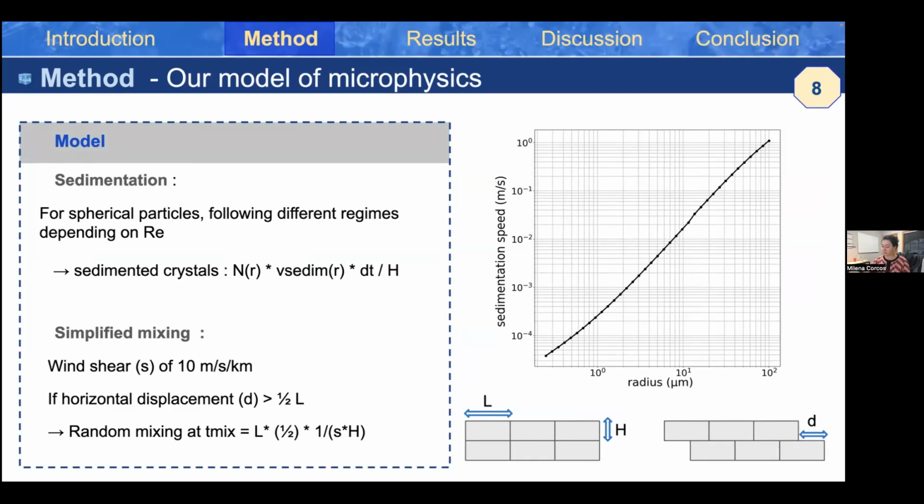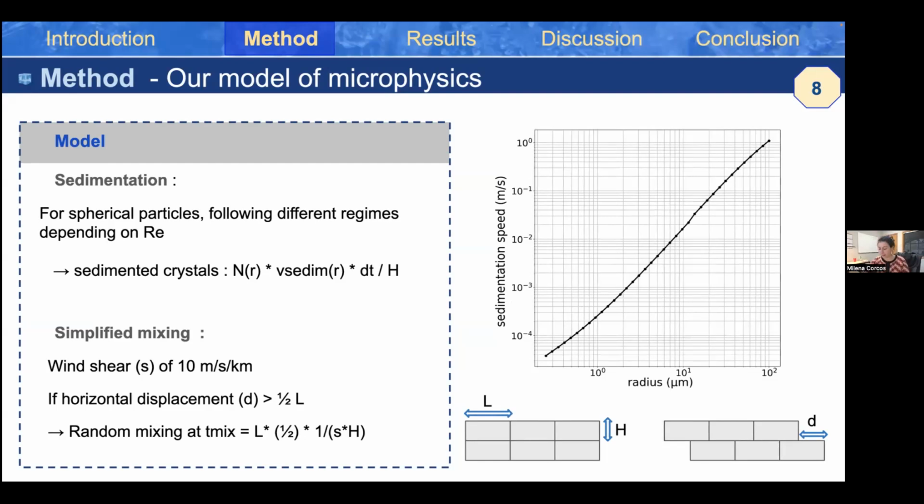And therefore, the fraction of crystals leaving the air parcel, so sedimenting, is the ratio between the crystal drop distance, depending on their size, and the width of the air parcel. But such a sedimentation only shifts a fraction of crystals from one air parcel to the one just below.